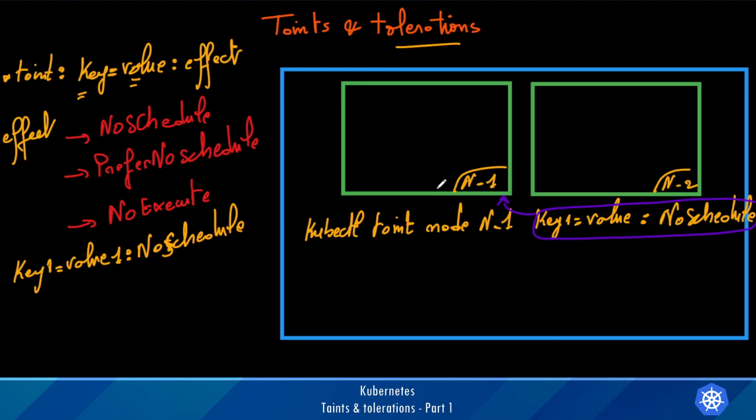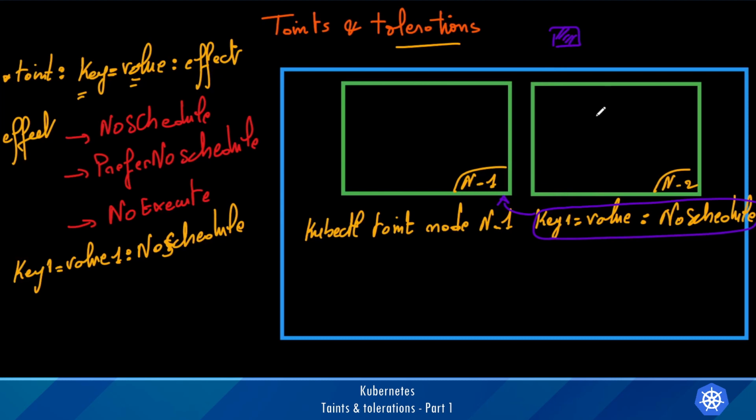And we will see how we can tolerate a taint later. For example, if we have a pod that doesn't tolerate this taint, this pod can't be accepted and can't be scheduled on the first worker node.